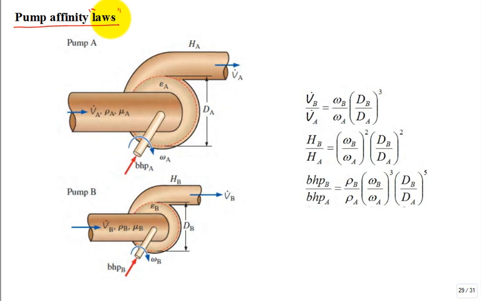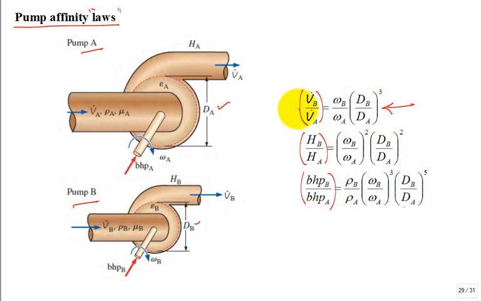So they say pump A and pump B, they are scaled, different diameters, different flow rates, different speeds, and then they can get the relationship such that the volumetric flow rate through pump A and B are related by the ratio of the speeds, the ratio of the diameters cubed. All right. So that falls out of the dimensional analysis. Same for the head and the brake horsepower.